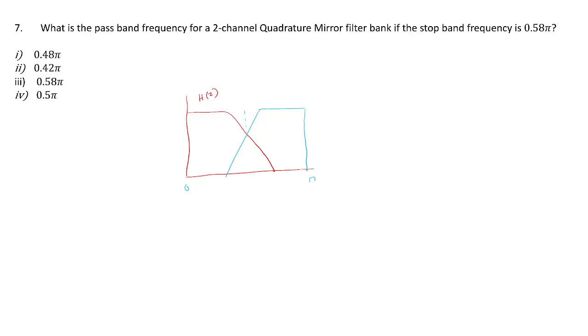They are symmetric around this frequency pi by 2, and one's passband also corresponds to the other's stop band. You can see this is WP, the passband for h of z, which is the stop band for h of minus z, whereas the stop band for h starts from WS, which is the passband for h of minus z.